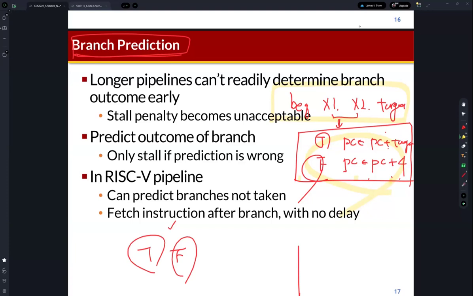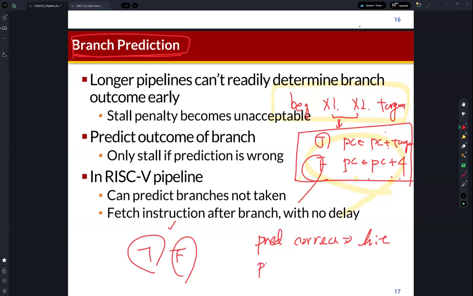And then if this prediction is incorrect, which means a miss. In the computer architecture field, if the prediction is correct, then it is called a prediction hit.